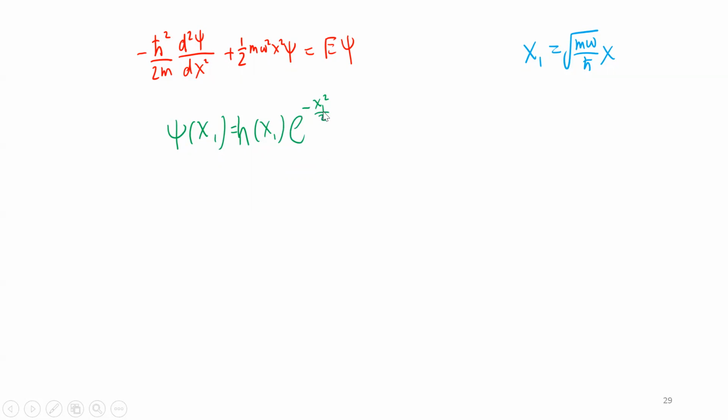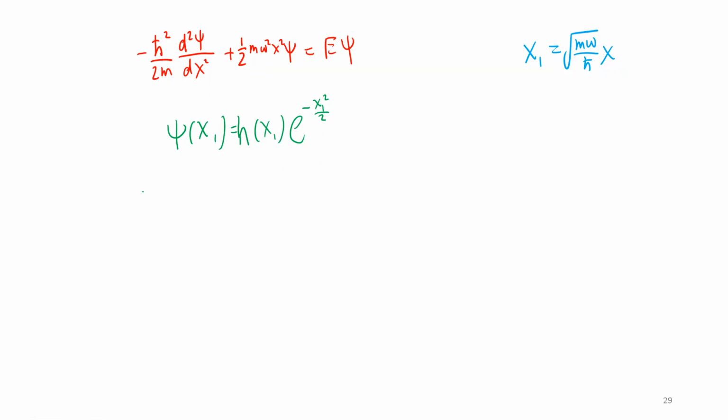That's what you want, because you want the wave function to be localized in some finite region of x.